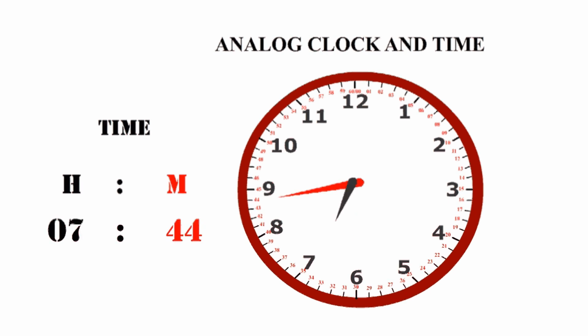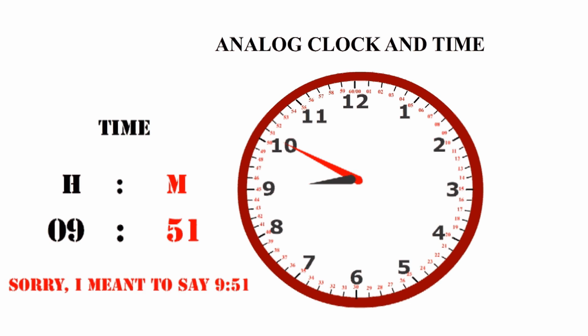Again, here, the short hand is pointing at 7 and the long hand is pointing at 44. Therefore, the time is 7:44. The short hand here is pointing at 9 and the long hand is pointing at 51. Therefore, the time is what? 9:51. Isn't that easy? Very simple. Using this method, it's easy to learn and know the time.